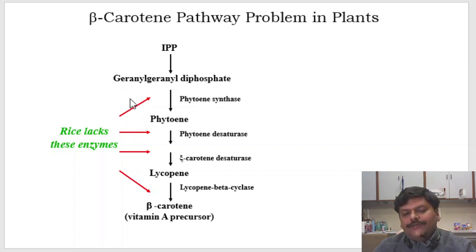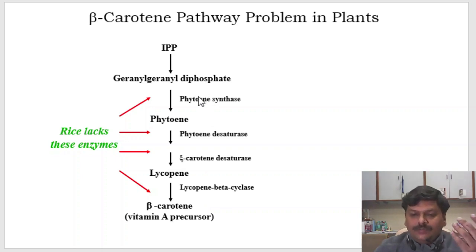That's why the grains of rice or wheat are white in color, and they do not have a substantial amount of beta carotene as vegetables such as carrots and tomatoes do. So scientists hypothesized that if these genes can be genetically introduced into a system where they start expressing in the seeds themselves, when the seeds are being made inside the flowers, then we can increase the beta carotene content in the seeds of cereals or in other fruits where beta carotene is not present.